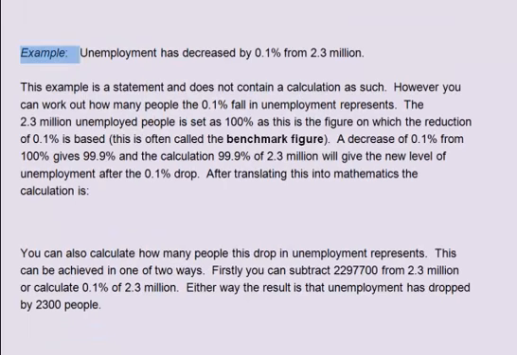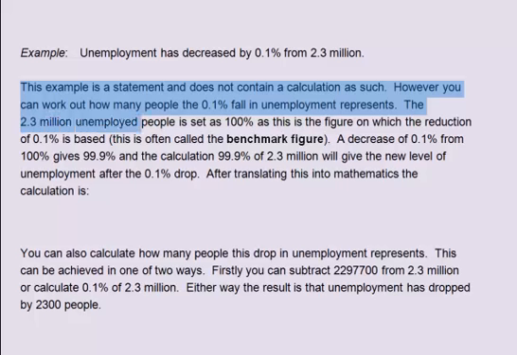Example. Unemployment has decreased by 0.1% from 2.3 million. This example is a statement and does not contain a calculation as such. However, you can work out how many people the 0.1% fall in unemployment represents. The 2.3 million unemployed people is set as 100%, as this is the figure on which the reduction of 0.1% is based.